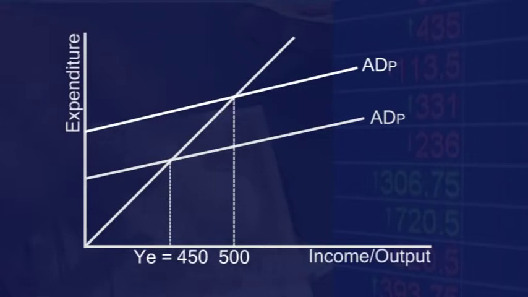So if we know roughly what the level of output is which corresponds to the full employment level of output, we can stimulate the economy appropriately to raise the equilibrium level of output. So the government can manipulate the volume of aggregate demand, raising it during a period of unemployment.